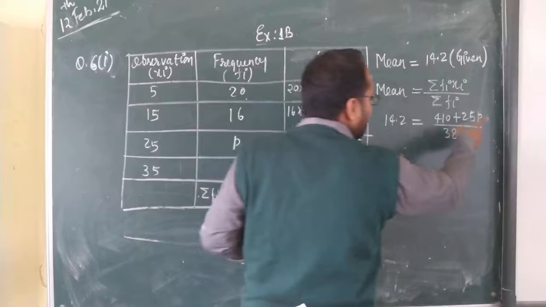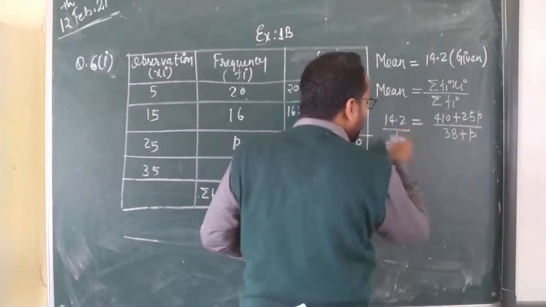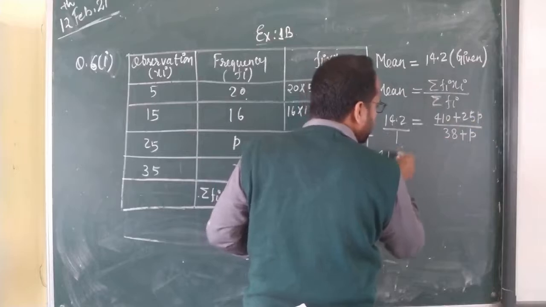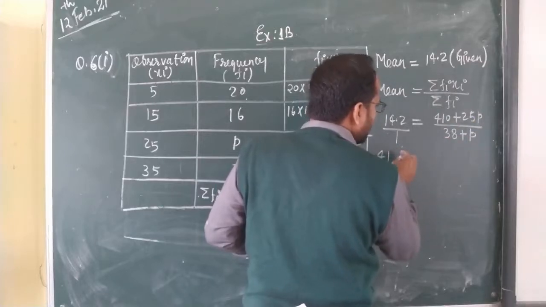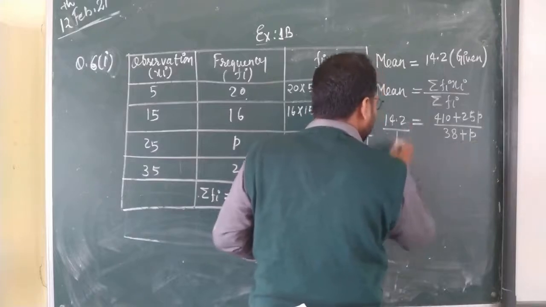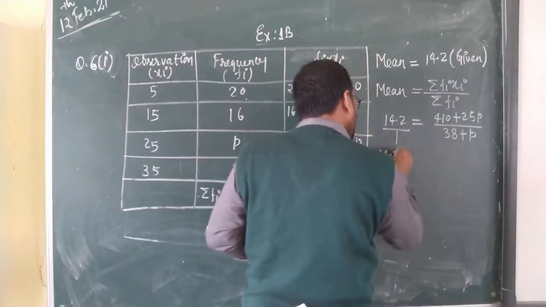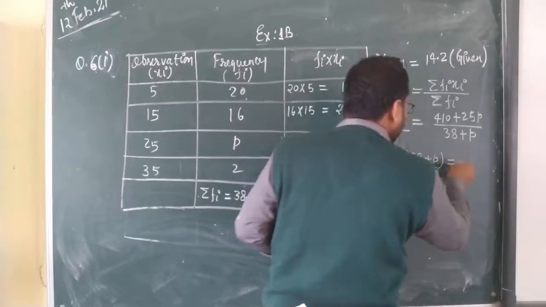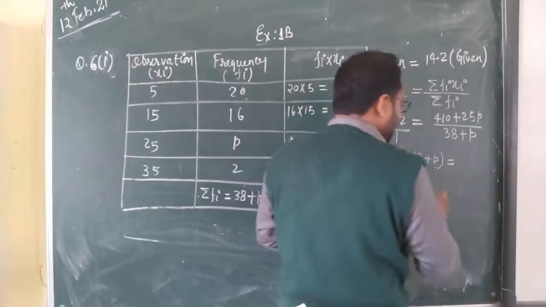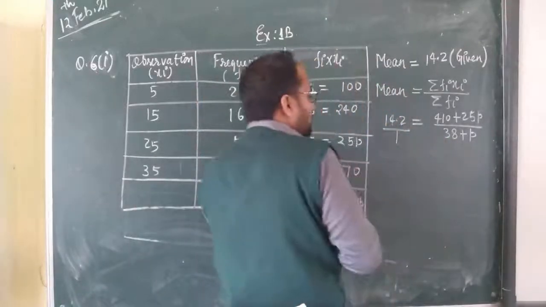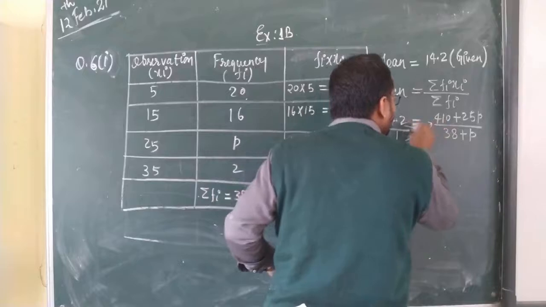And then after that you will cross multiply this one. Wait 1 minute students, cross multiply, this quantity is multiplied into this one.